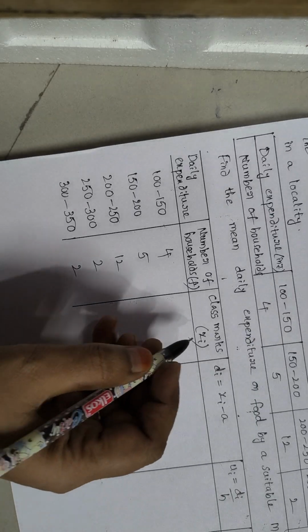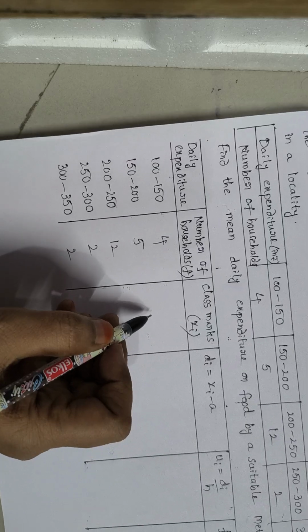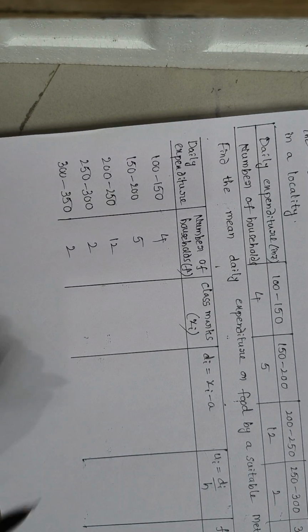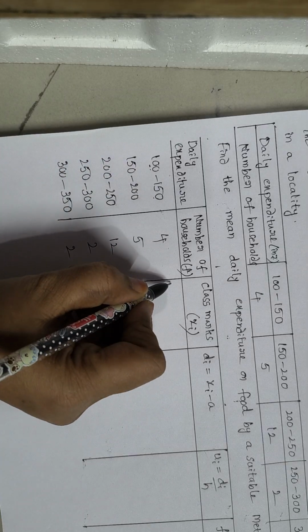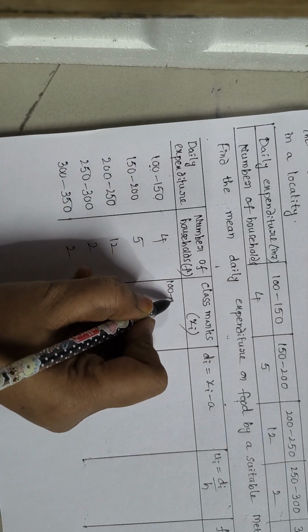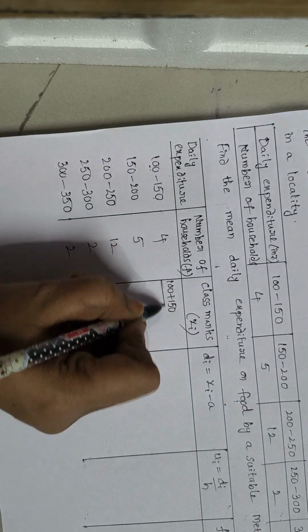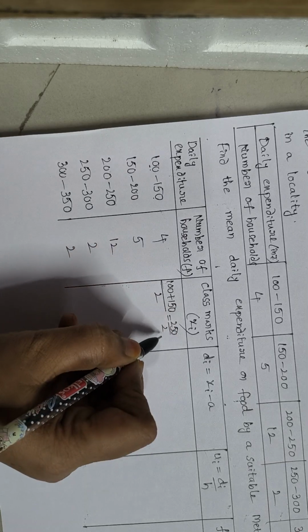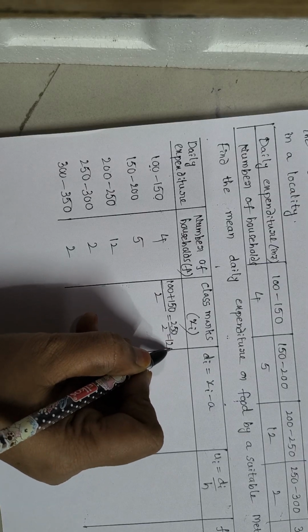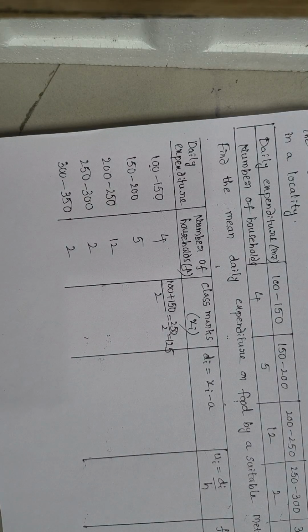Now what are the class marks? How we find class marks? Take these interval, 100 plus 150 by 2, which is 250 by 2, that means 125.